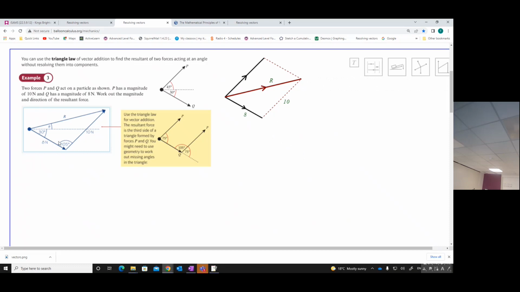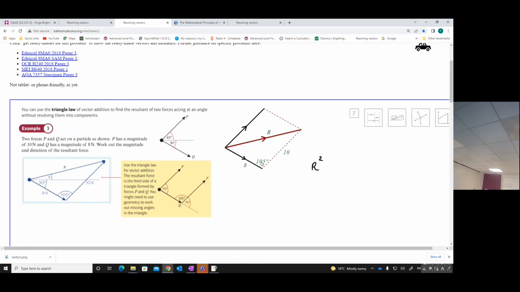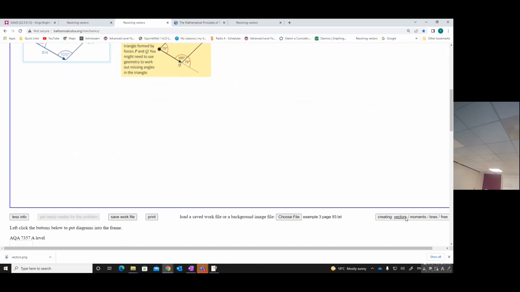But they're quite right that once you found out that this angle is what? 105, of course, 180 minus 75 is how we know this angle here is. If that were 90 degrees, you could see you could do Pythagoras here, couldn't you? If that was 90 degrees, we'd have a situation of r squared equals 8 squared plus 10 squared, wouldn't we?